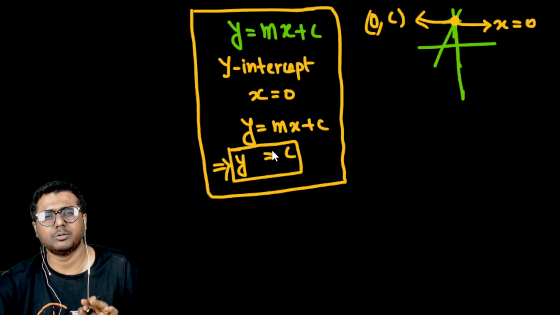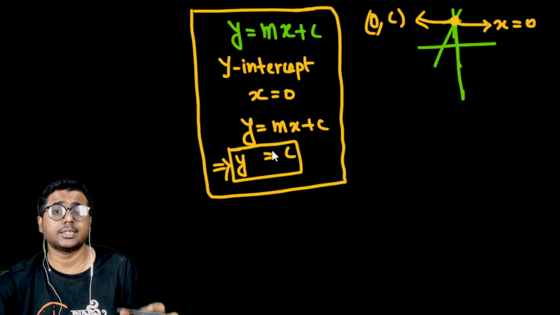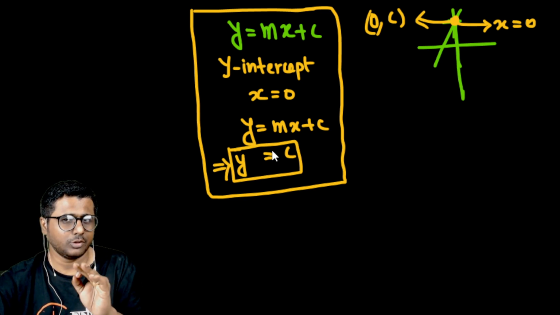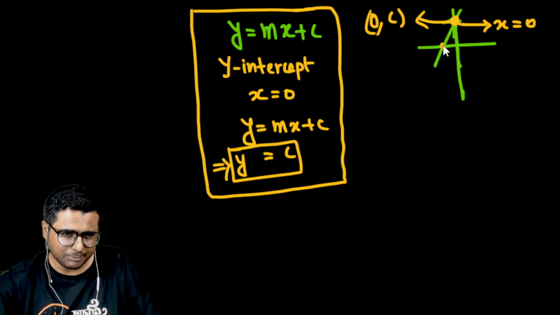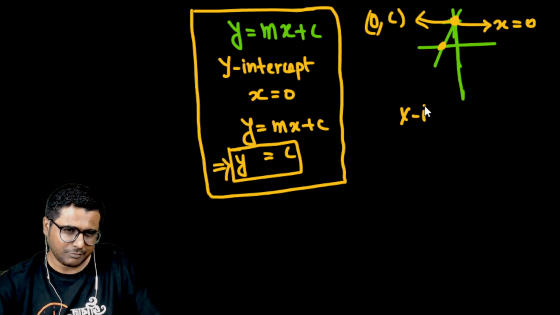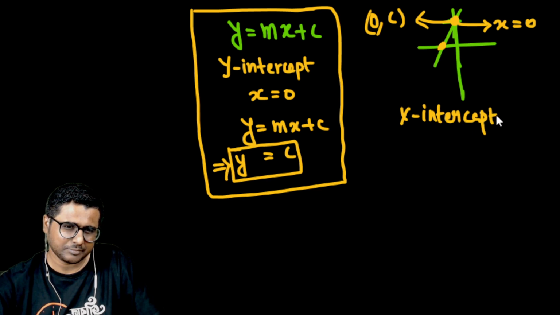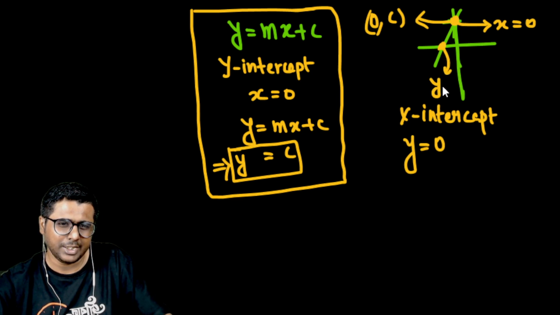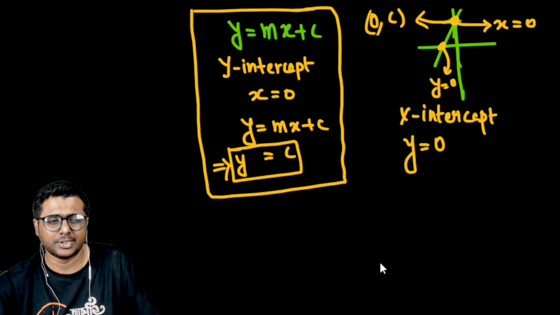Similarly, we have to also make it very clear what the x intercept is. People ask y intercept, people miss out x intercept, which is also very important. The x intercept is this point where y is equal to 0. This point means y is equal to 0. Many a time it has been already discussed today itself.